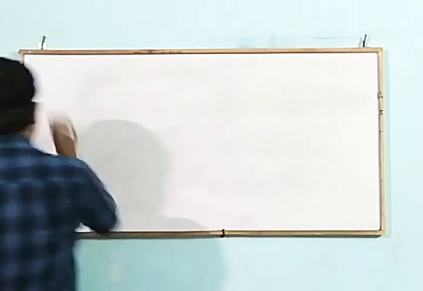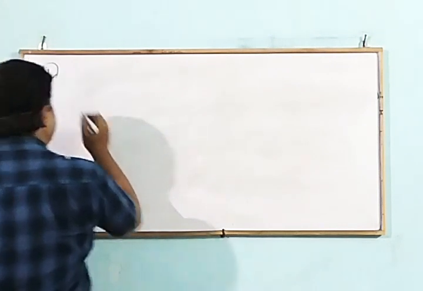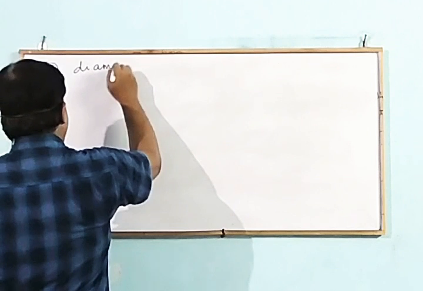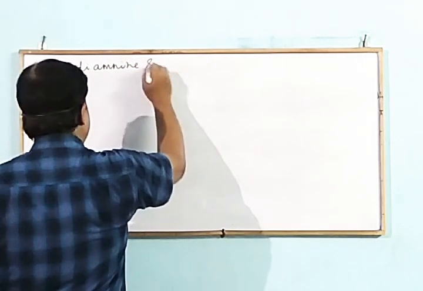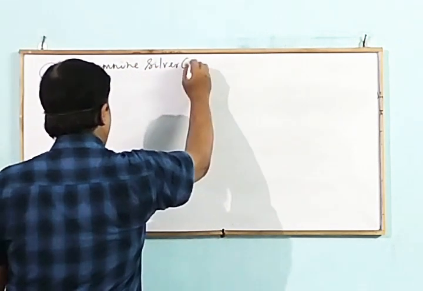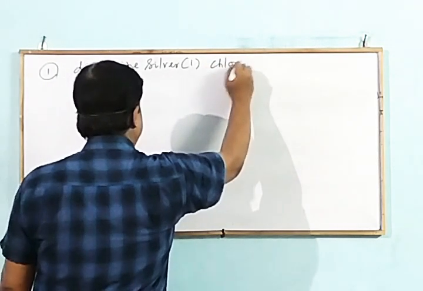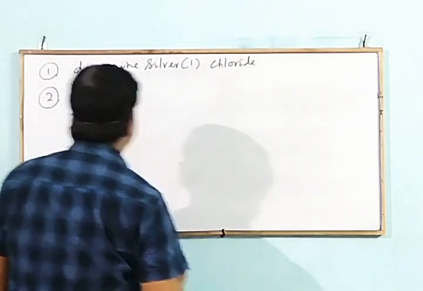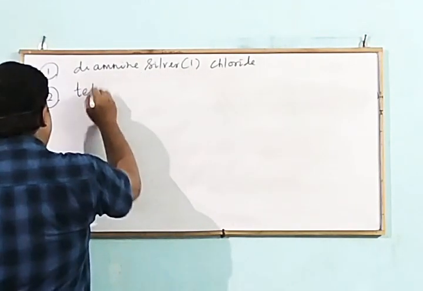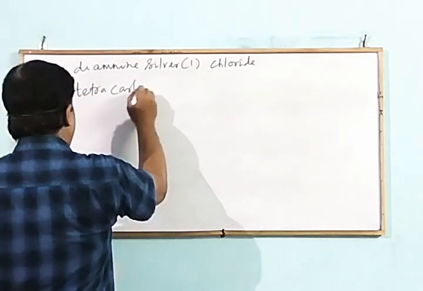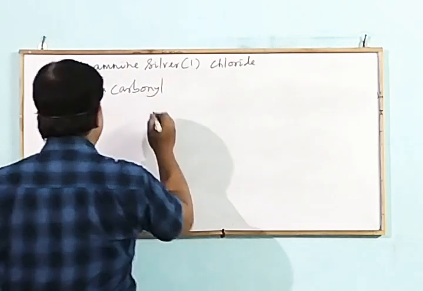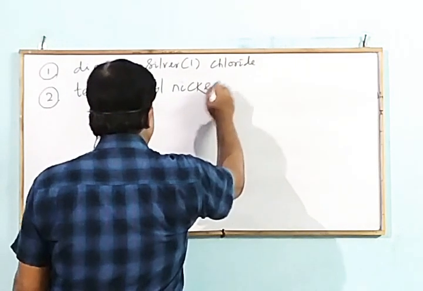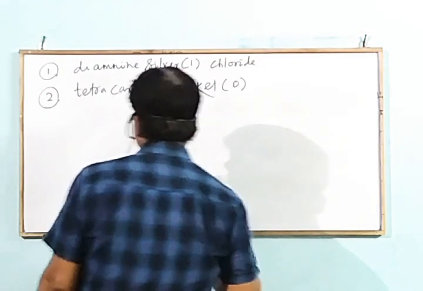First one, for example, diamine silver 1 chloride. Second one, tetracarbonyl nickel 0.